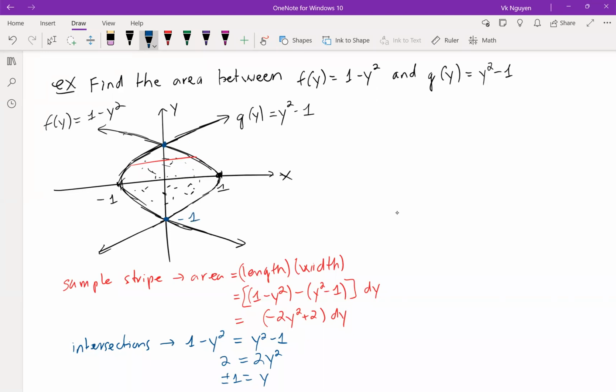Now it is clear to us that the area is the integral from -1 to 1 of the sample stripe area, -2y squared plus 2 dy. Notice that it's an even function, because you can see the symmetry between the two areas from -1 to 0 and from 0 to 1.